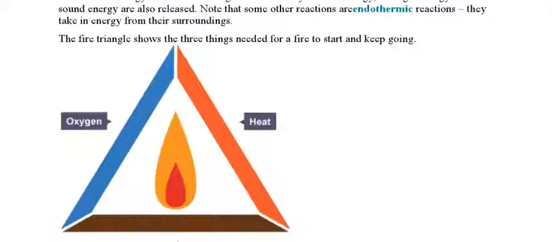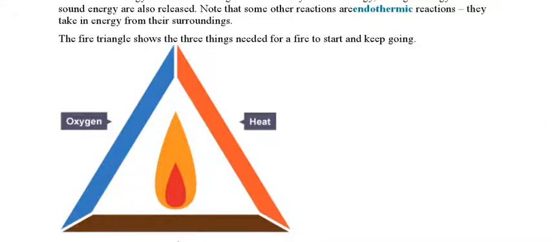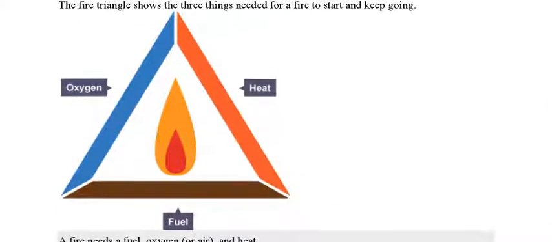It needs a triangle form, meaning three things are needed to perform any combustion reaction. First, oxygen: the availability of oxygen in the atmosphere must be present. Second is the fuel, which needs to be burned.